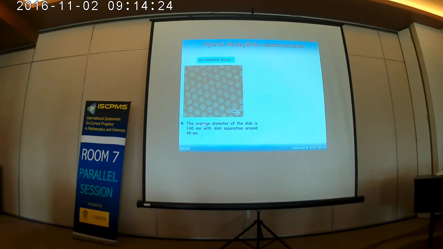You see the average diameter of the gold disk is around 140 nanometers, and the separation is around 45 nanometers. And then we put the two-dimensional material, molybdenum disulfide, on top of the gold nanodisks, as in the optical microscope image, and we shine the light through this hybrid nanostructure.